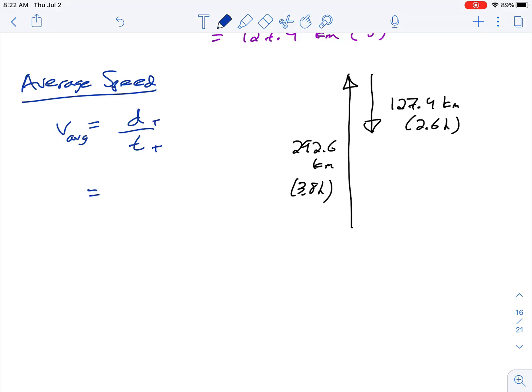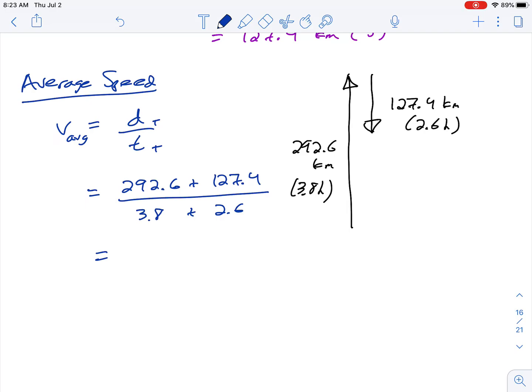So for the overall distance, we simply do the 292.6, add on to that the 127.4, and divide it by the times, 3.8 hours plus 2.6 hours. It really is as simple as that. Overall distance, overall time. Make sure you use brackets on the top and the bottom.